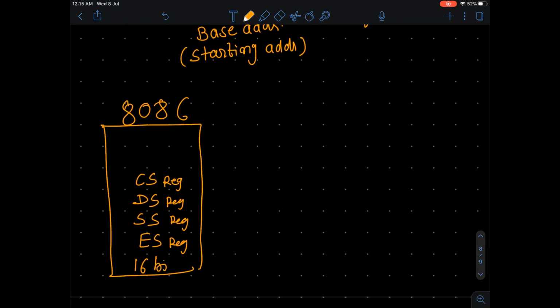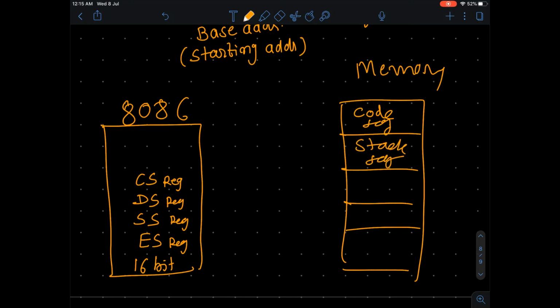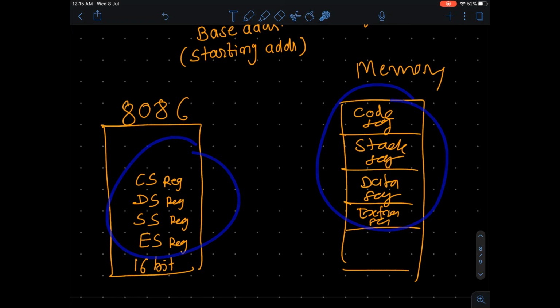And we have the memory with various segments such as code segment, stack segment, data segment and extra segment. Generally we get confused with these two terms. So we have to remember that these are the registers which are in the 8086 and these are the segments which are part of the memory, or we can call them memory segments.